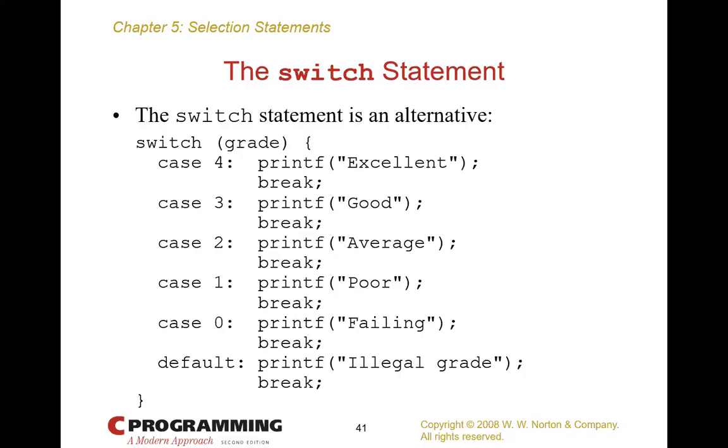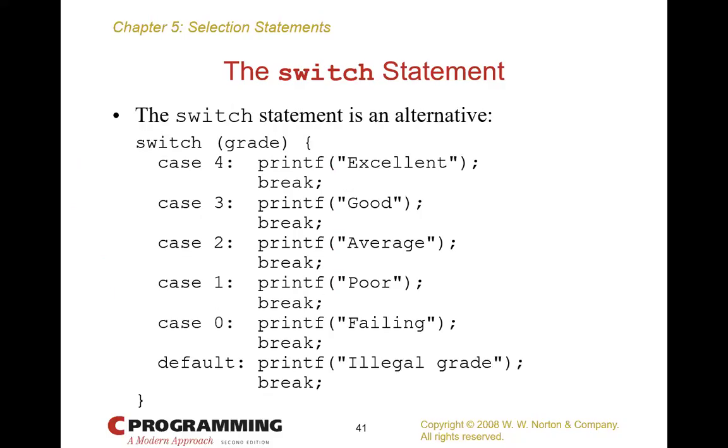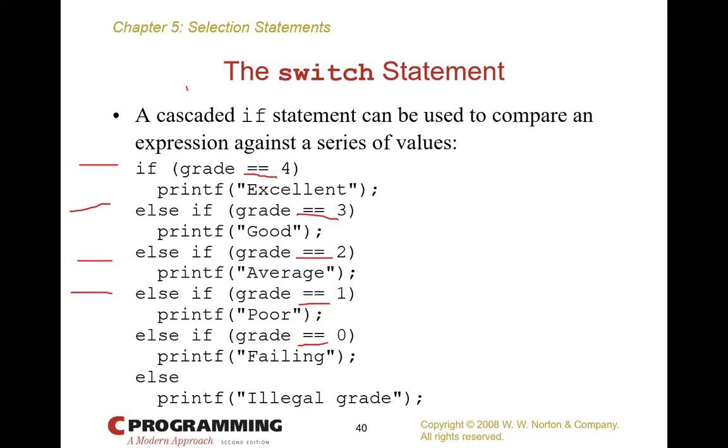The switch statement is an alternative to the if and else statement. So here is the situation. Here we already got the value of grade. And so we are checking if grade is equal to 4, if grade is equal to 3, if grade is equal to 2, if grade is equal to 1, and if grade is equal to 0.